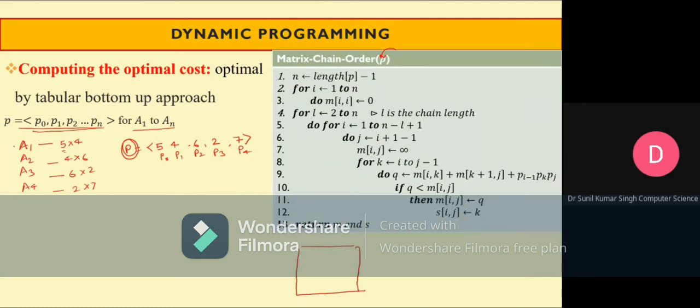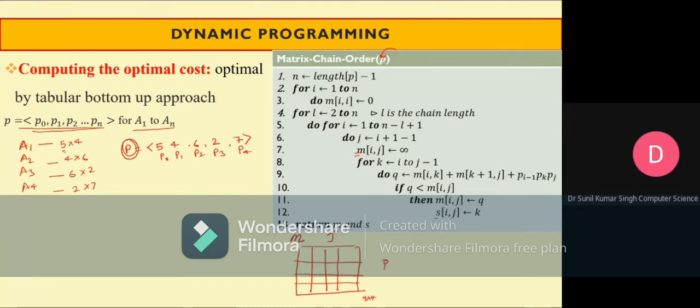Here there are 4 matrices, so it will be of order 4 cross 4. This one has I and this is J. I can be written here also, but I'm writing it on the right side. There is a reason behind it, and we call it matrix M, as per the notation used in the algorithm.